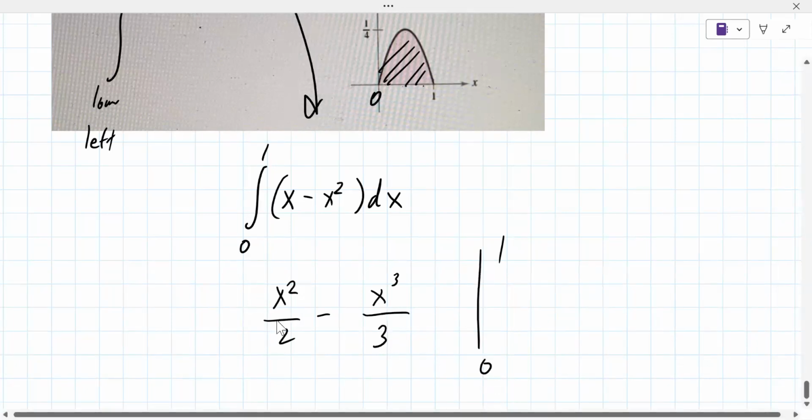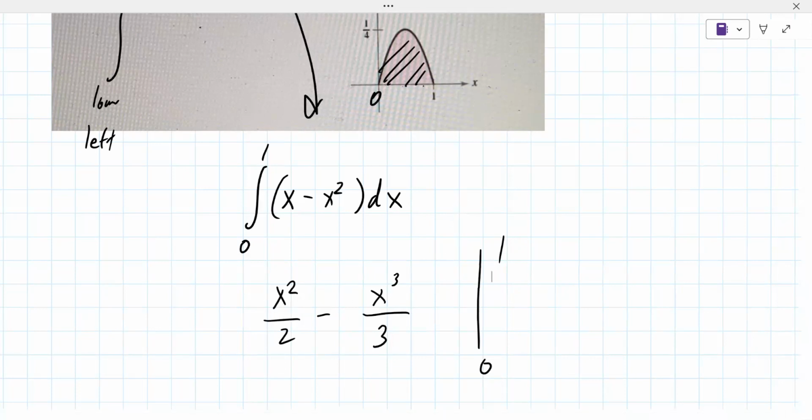When you put the bottom in, it does go to 0, so you only have to evaluate at the top, but that's only because it's a polynomial here. One-sixth.